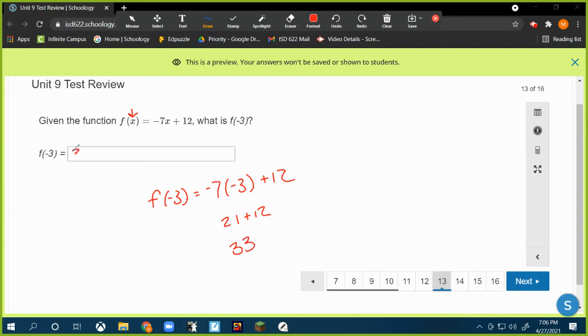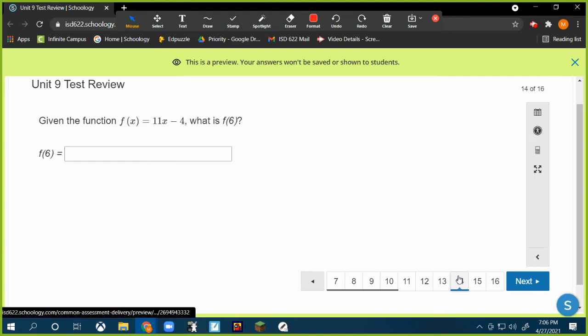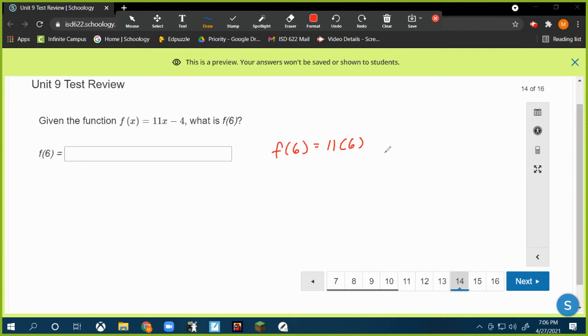F of negative 3 equals 33. Number 14, same type of problem, different function. F of 6 is going to equal 11 times 6 minus 4. That's 66 minus 4, which is 62. F of 6 equals 62.